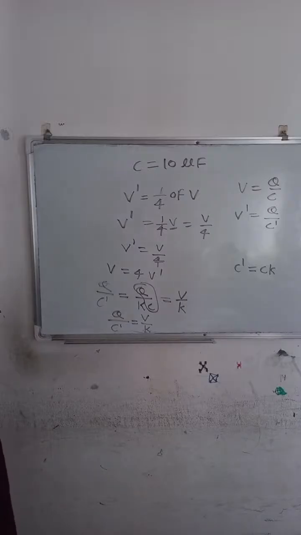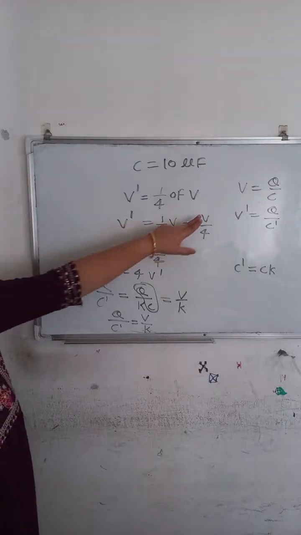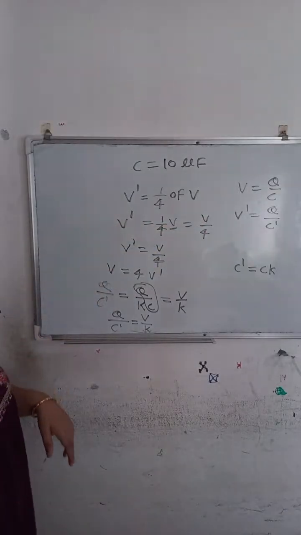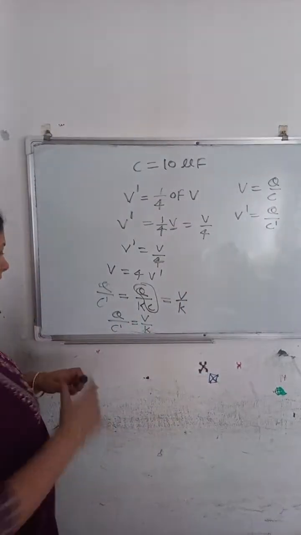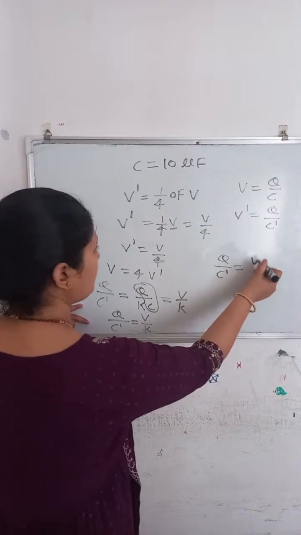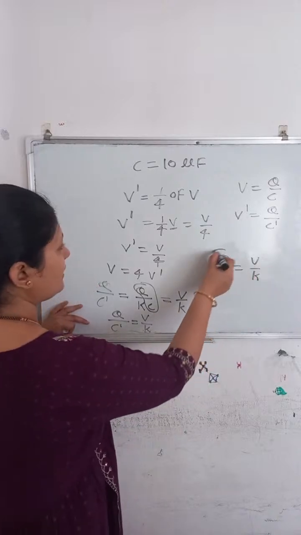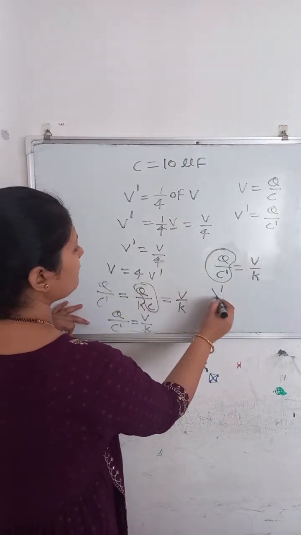You can copy up to here. And here Q by C dash is V dash, and that is nothing but V by 4. Once you get up to here, see the adjustments: Q by C dash is equal to V by K, and Q by C dash is nothing but your V dash.